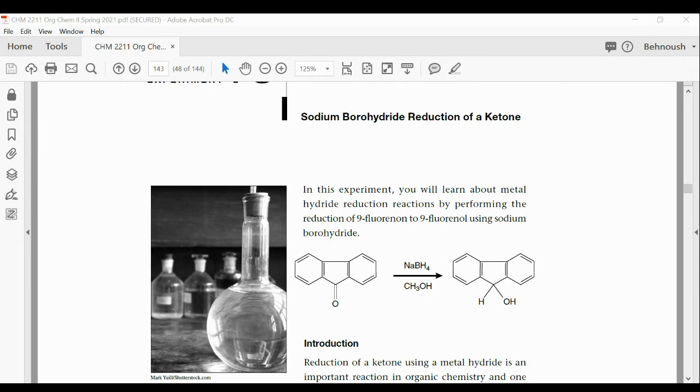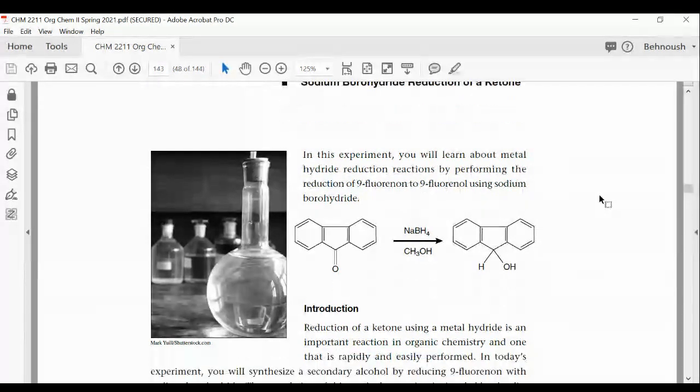No? Okay, I'm going to go to the lab manual and start with the experiment, experiment 15. The reaction for the experiment is reduction of a ketone. When you reduce a ketone, it will change to a secondary alcohol. If you have an aldehyde, it will change to a primary alcohol.